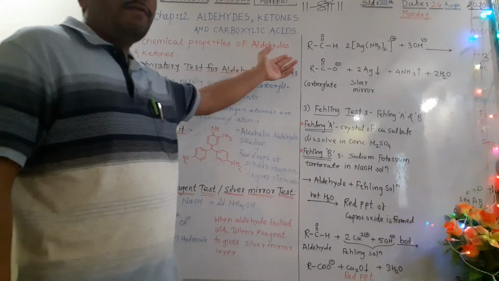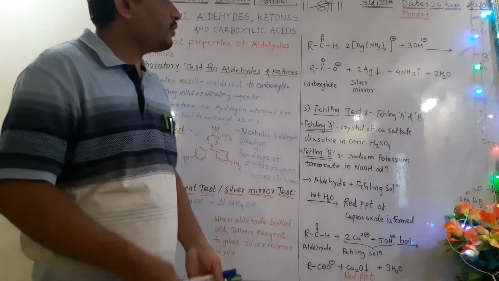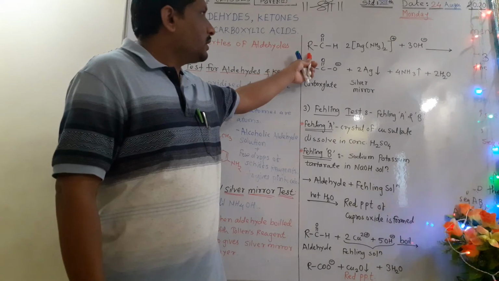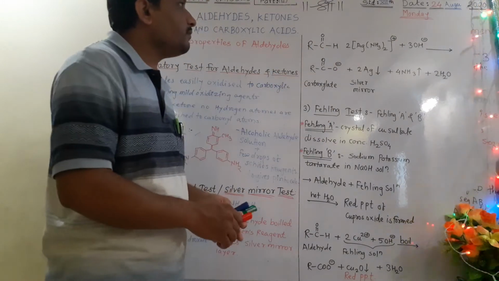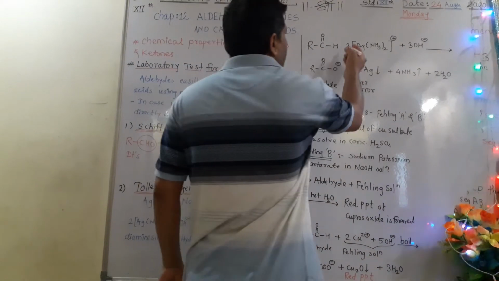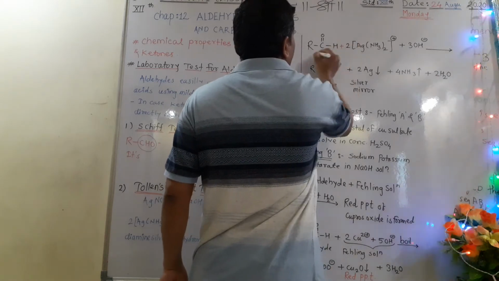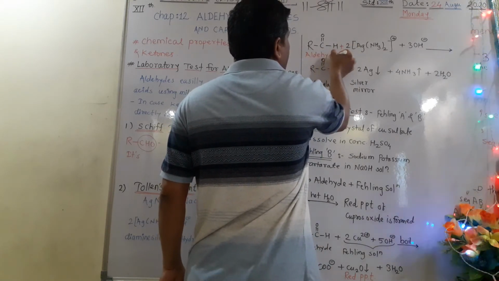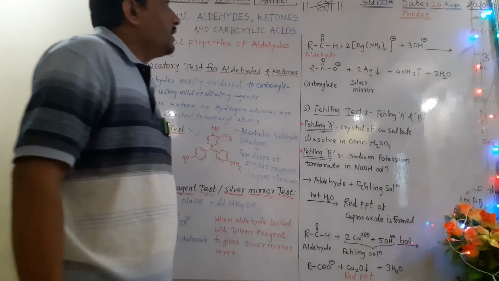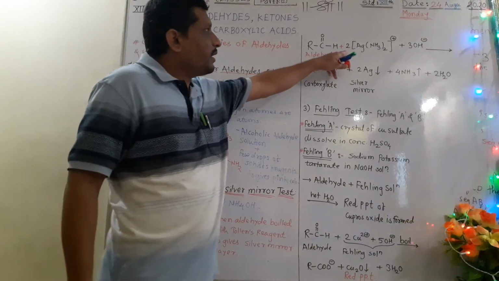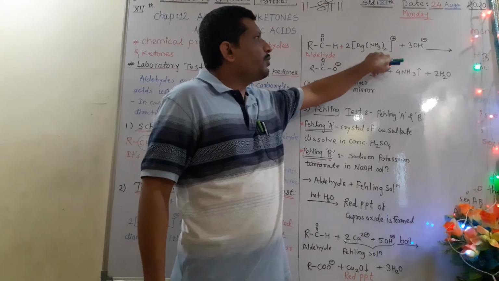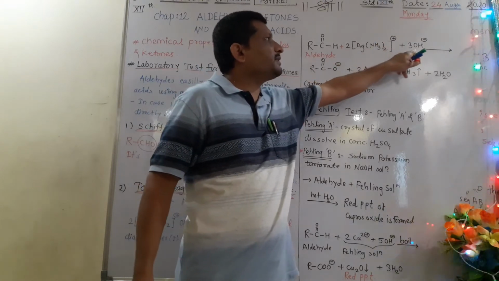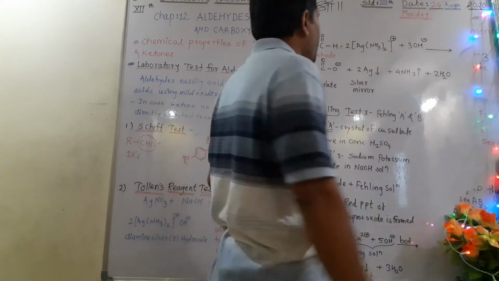And how is the reaction performed? Now represent here the aldehyde reacts with silver ammonium hydroxide plus hydroxide and is boiled.